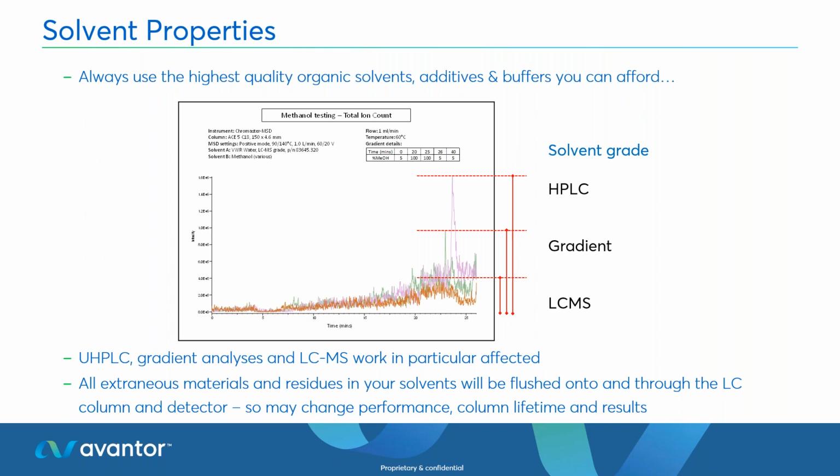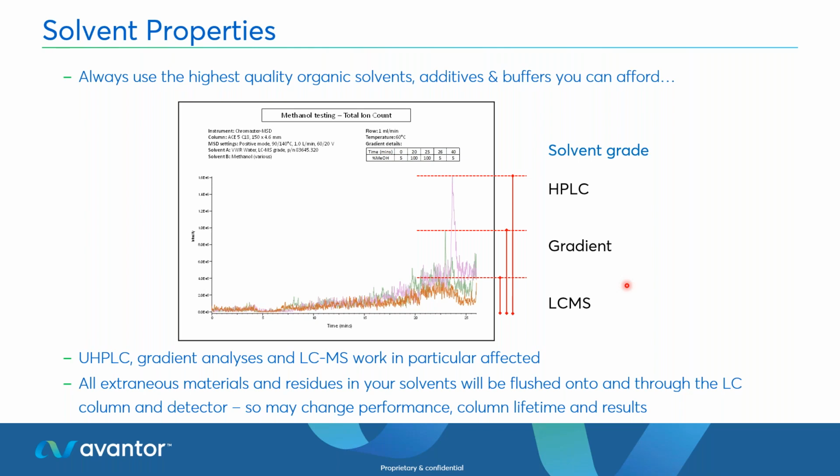And you can see from this experiment that we ran, looking at different grades of methanol, the background for an LCMS grade solvent is way lower than you'd see for a gradient grade or an HPLC grade solvent. So if you're running mass spec, you really need to use mass spec grade solvents, because if you're running a mass spec with an HPLC grade solvent and you're getting this big background peak, if that starts to interfere with any of the peaks of interest in your trace, then that's going to cause you a problem.